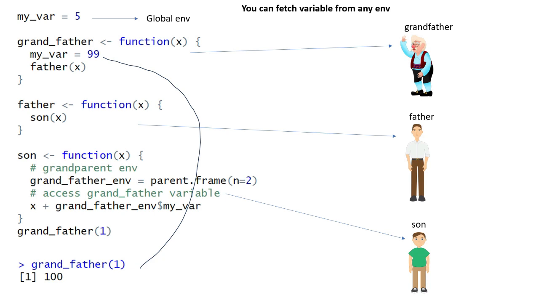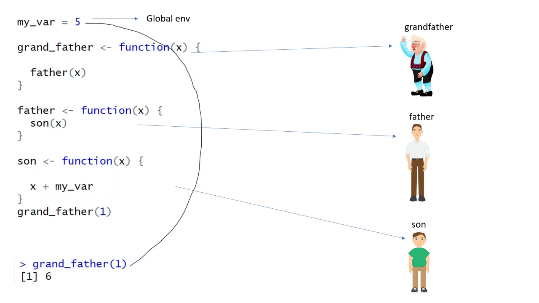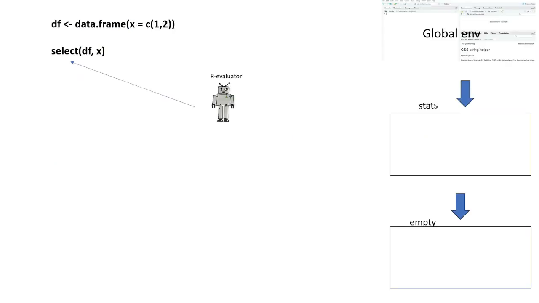So in this scenario, it fetches the my var meaning from the grandfather environment. What if I type this? By default it finds the meaning of my var from the global environment. That's why it returns 6 now. So you can decide from where you want to fetch the variables.